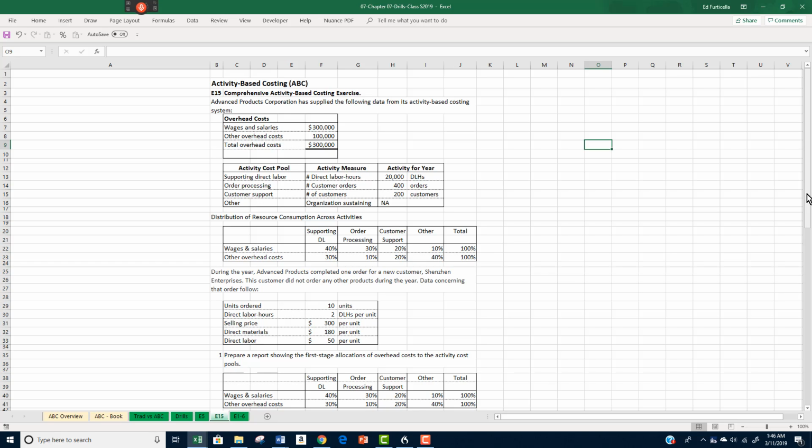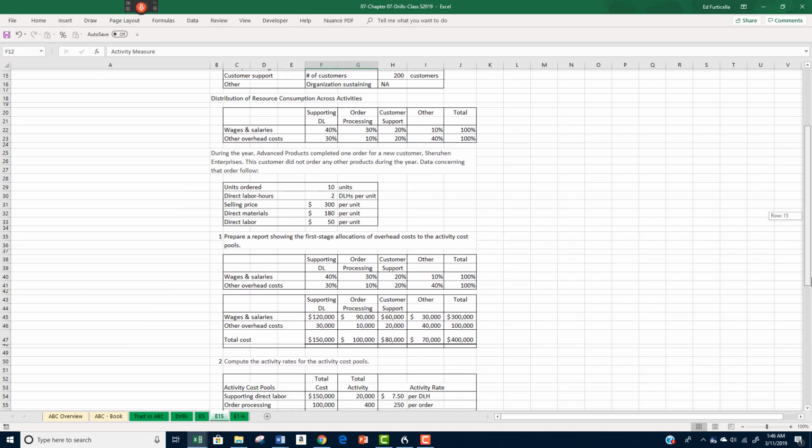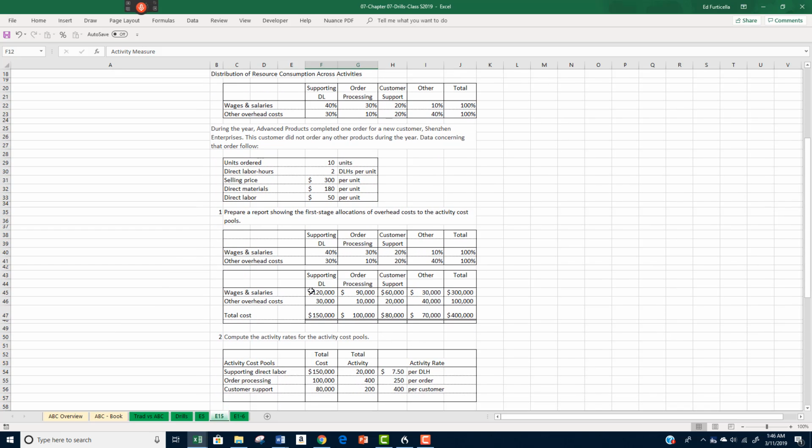All right, that's it. So what we've done with this problem is we've taken you through the 5-step for an ABC costing analysis. The first step, again, was to identify the activities, the activity cost pools, and the activity measures. We did that right from the get-go. Second step was to assign overhead costs to activity cost pools. We did that as well, and we referred to that as our first stage allocation.